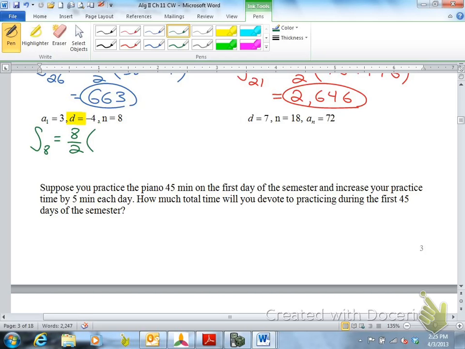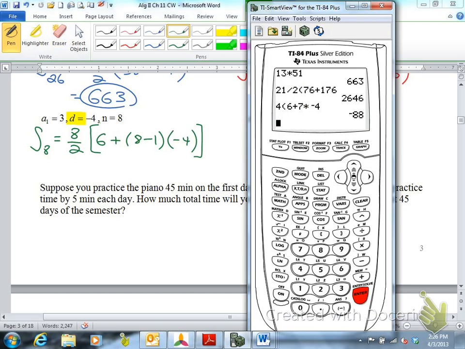The first term times 2. 2 times 3 is 6, plus n minus 1 times d is negative 4. And if you want to use brackets, you can. It's kind of nice to use brackets if you have too many parentheses, because it's a lot easier to look at. Negative 8.